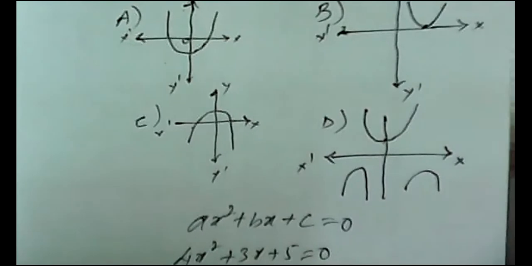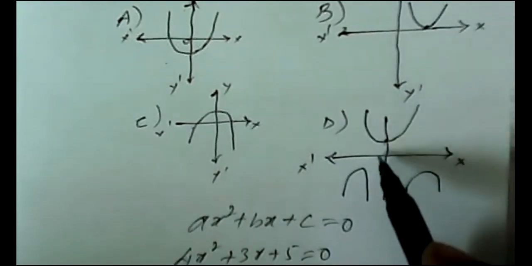And here D is less than 0. Whenever you get negative, it is less than 0. The roots are imaginary. Imaginary means the graph will not cut the x-axis at all. The graphs other than those which cut x-axis are representing the imaginary roots.